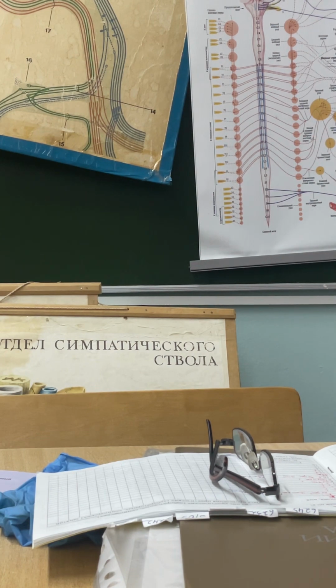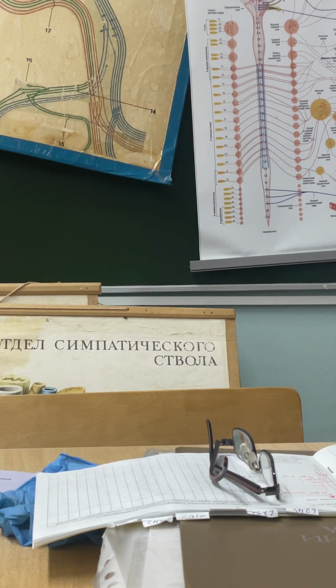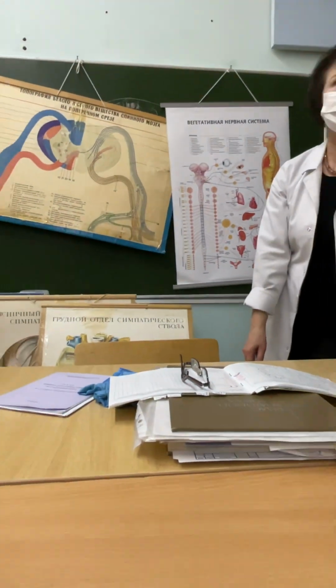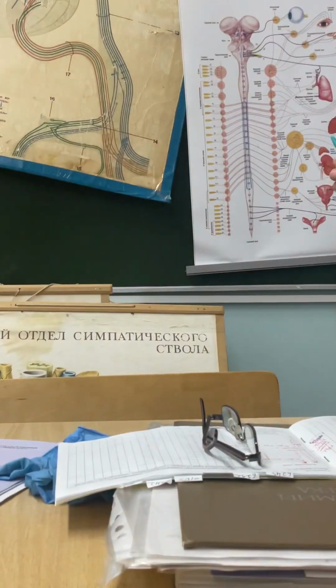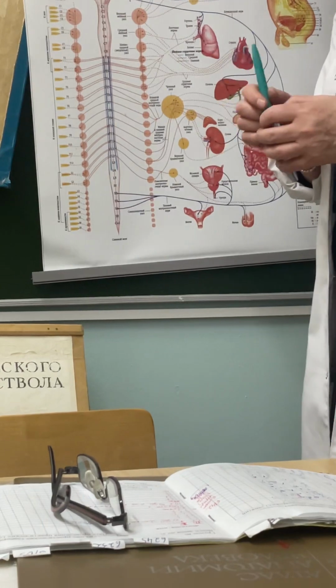Clear? So gray rami communicantes spread in the soma to supply the vessels, erector pili muscles, and sweat glands.